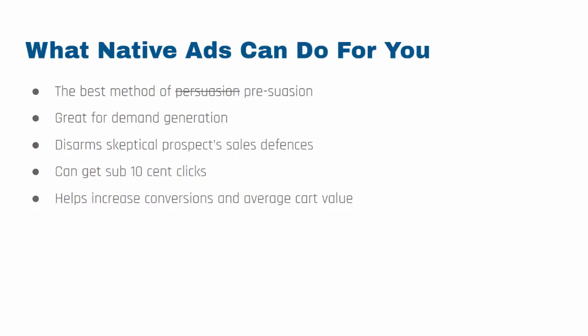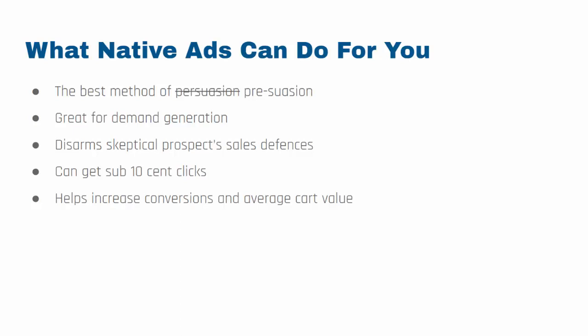First, let's talk about what native ads can do for you. Native ads is the best method of persuasion. And what I mean by persuasion is that it's setting the frame. It's pre-selling the visitor on your product.